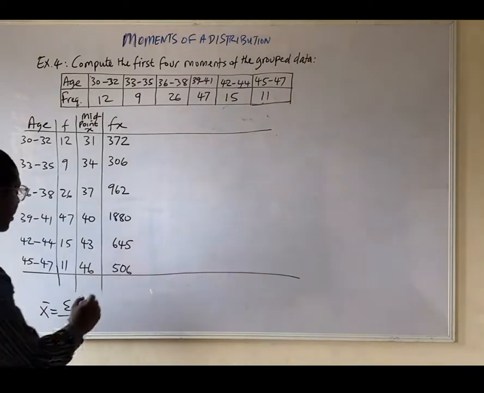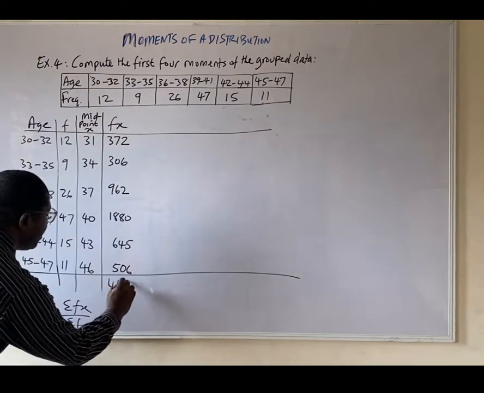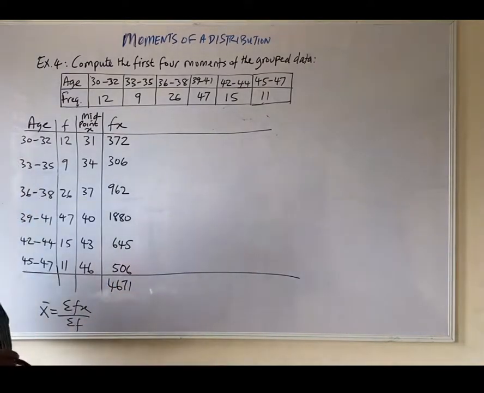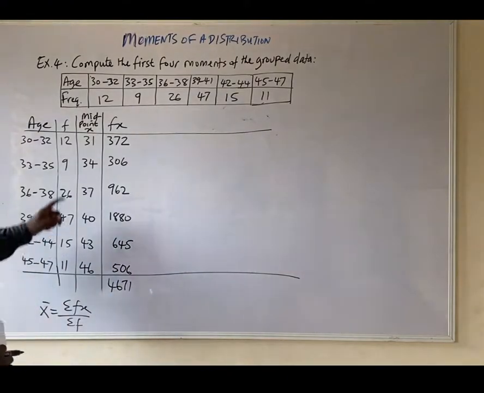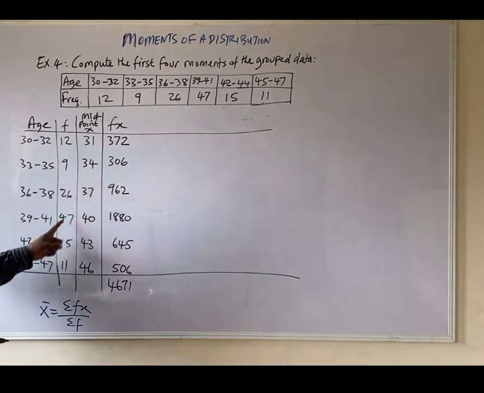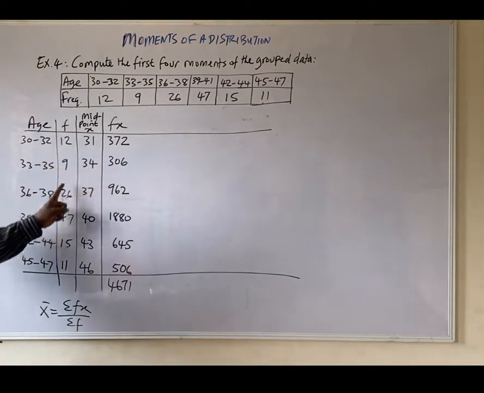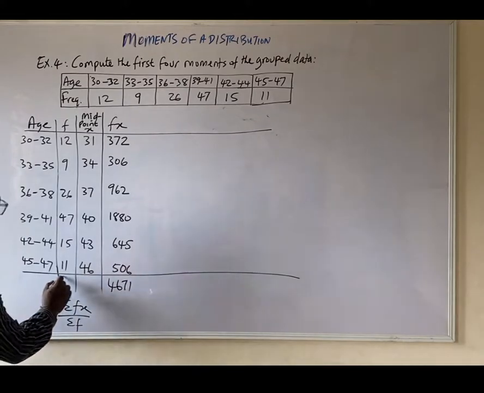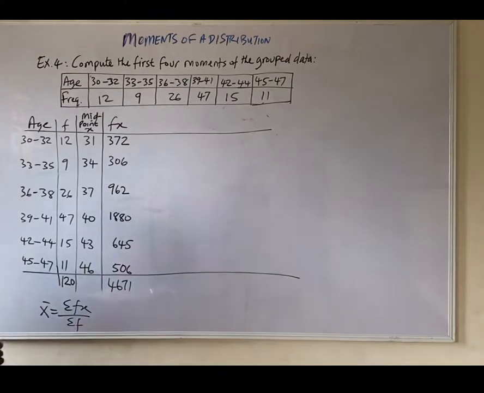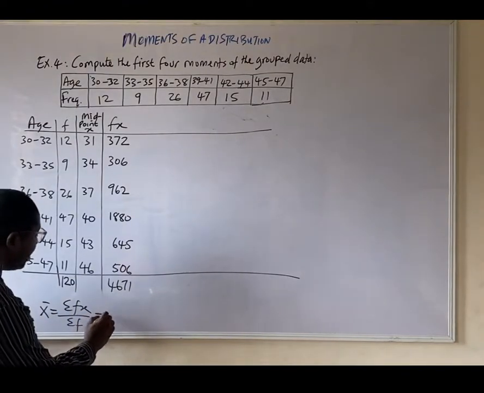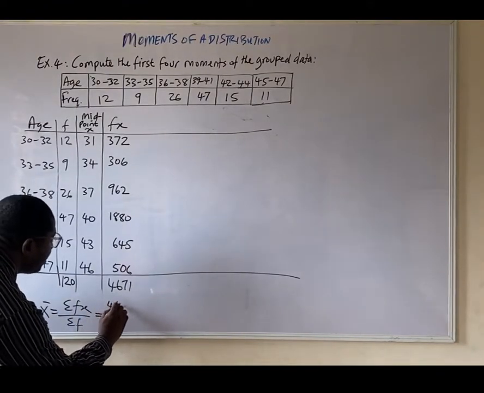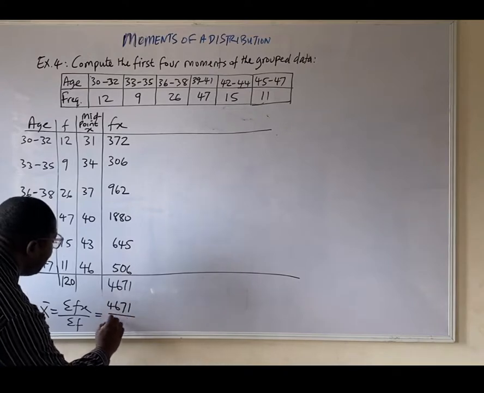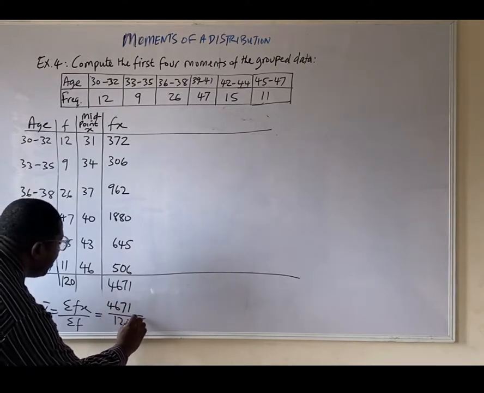What I have here is 4,671. Is that what you got? Okay, thank you. Then the summation of f here is 120. So to find the mean, it will be 4,671 divided by 120.